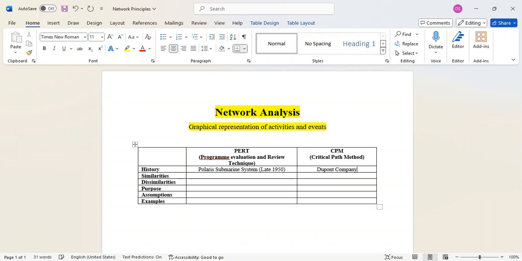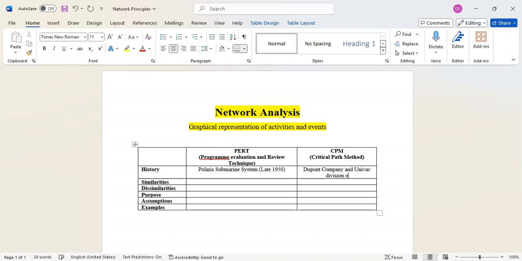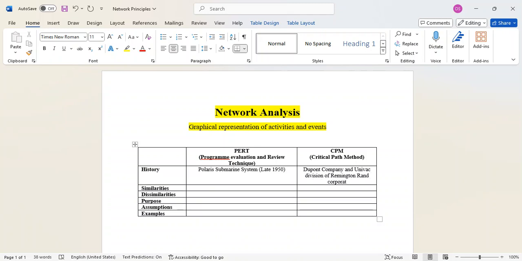They are the pioneers who developed the critical path method, and it was also observed initially in the UNIVAC division of Remington Rand Corporation. These are the places where PERT and critical path method came into the picture.